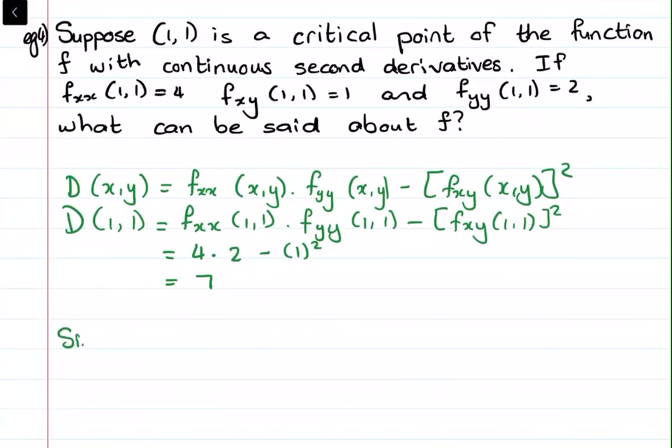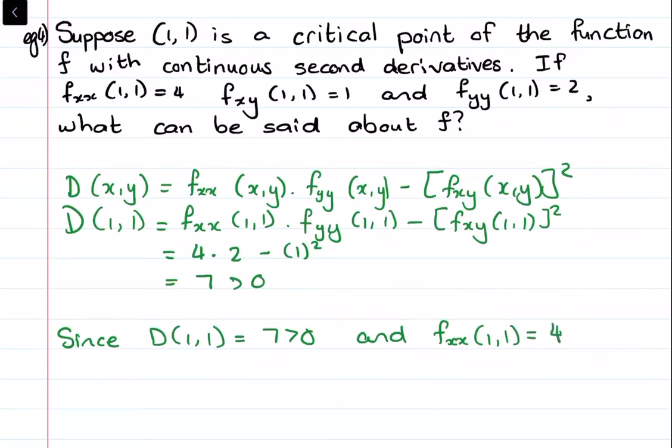So we have that, remember, D(1, 1), which is equal to 7, is positive, and we have fxx at 1, 1. This one is equal to 4. That is also positive. So then what does the second derivatives test say?